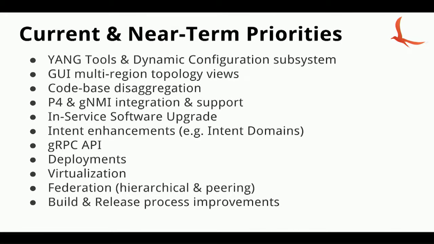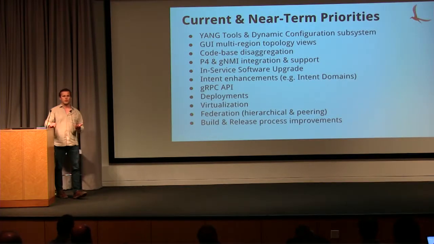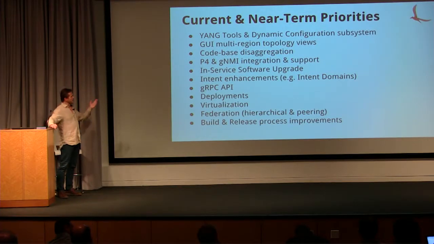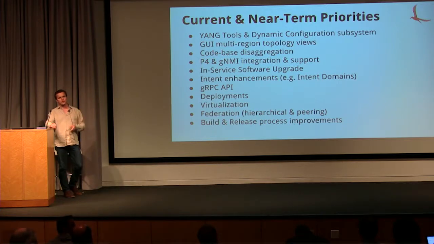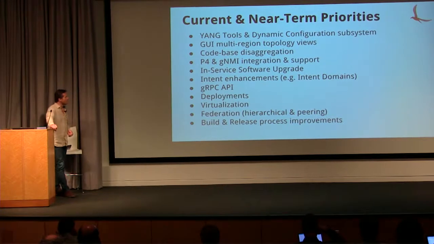One of the key features that we'll be starting with the Loon release, and we've already scoped out how this is going to be done, will be in-service software upgrade, which is clearly indispensable in order to operate in production. The idea here is that this will facilitate upgrade of an ONOS cluster one node at a time, without any outage in service.